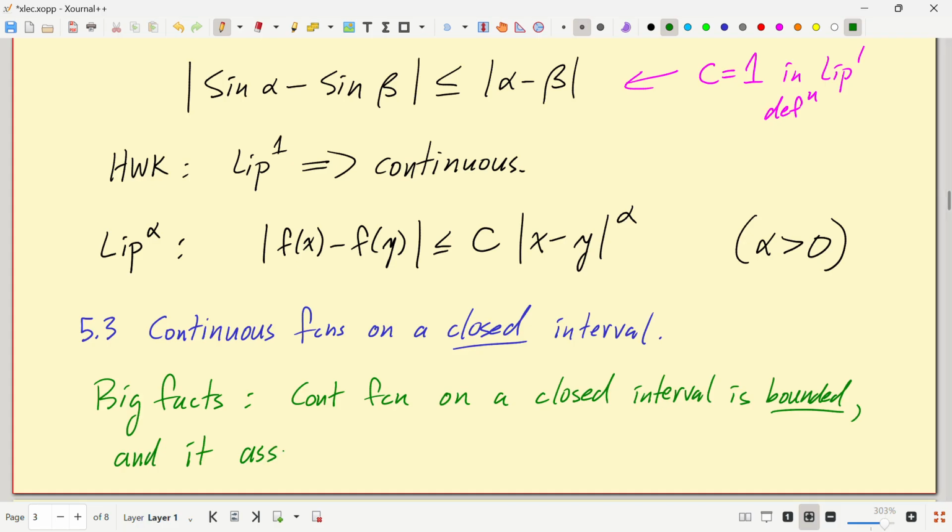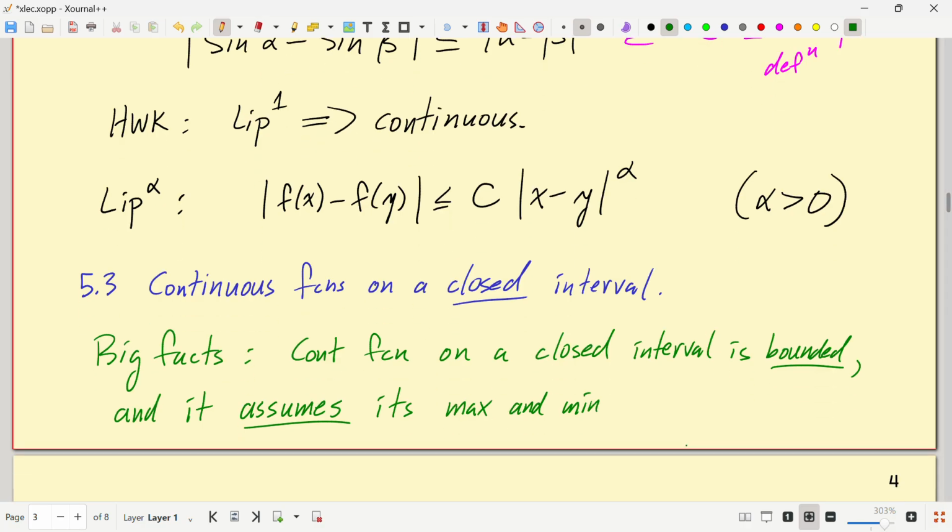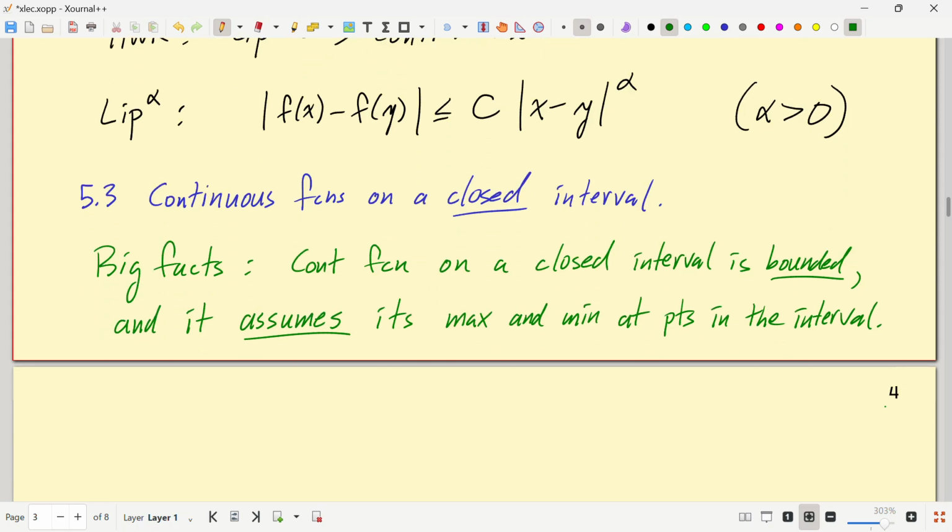There's a point where those things are attained, at points in the interval. This is where the Bolzano-Weierstrass theorem is going to come in a critical way. Okay, those are the biggies. I don't want to try to jam them in at the end of the lecture here, but I'll start thinking about them.